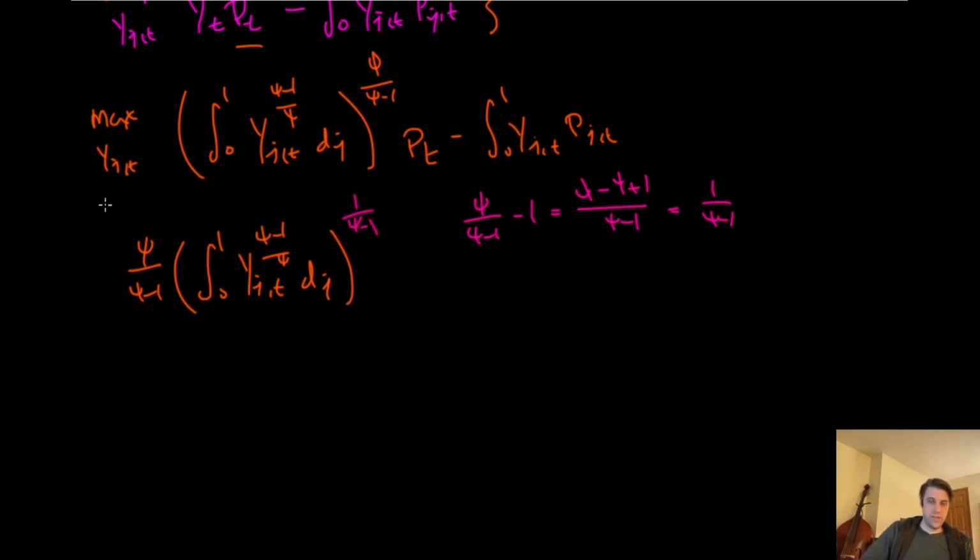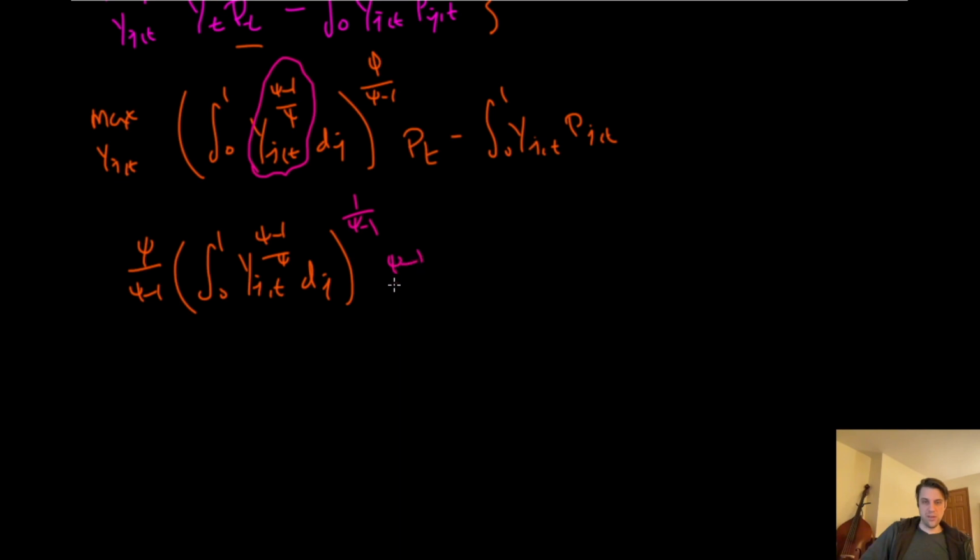Now we need to take the derivative of the inside, which, like we said, is just an infinite sum. We only care about the jth one, so everybody else is going to go to 0. So we just have to think about the derivative of this here, because everything else is 0. So we'll get psi minus 1 over psi, YJT to the, we'll write minus 1 as psi over psi, so we're going to get minus 1 over psi.